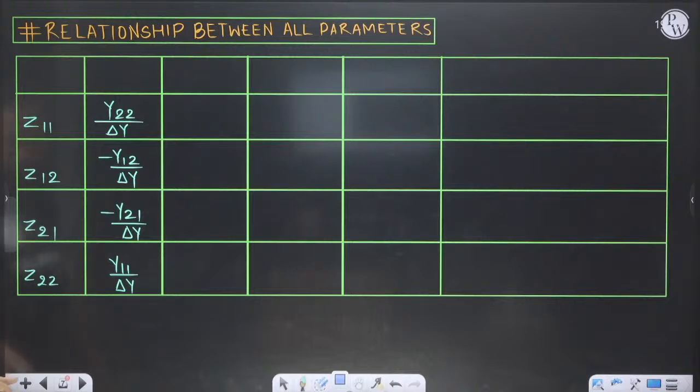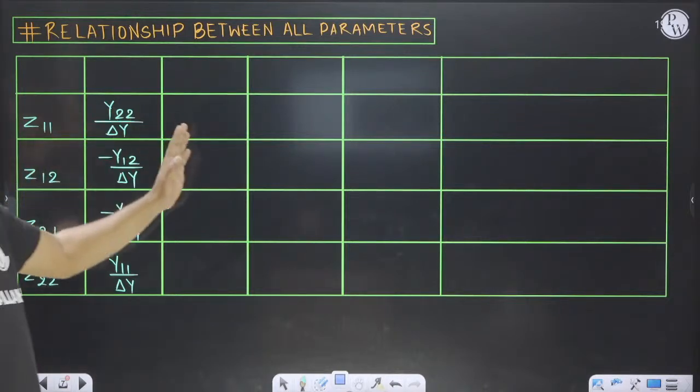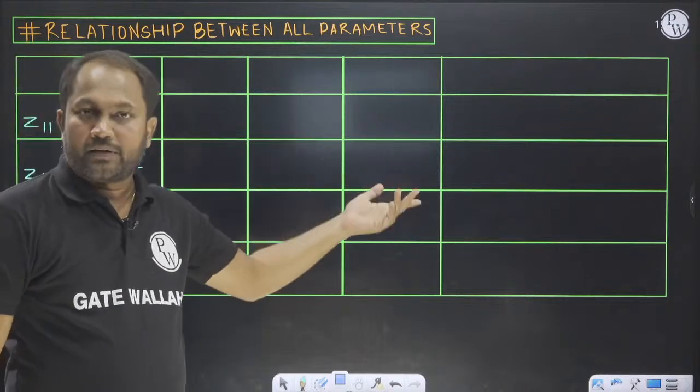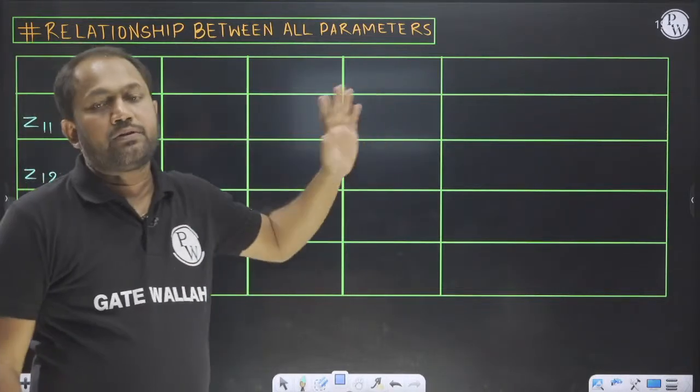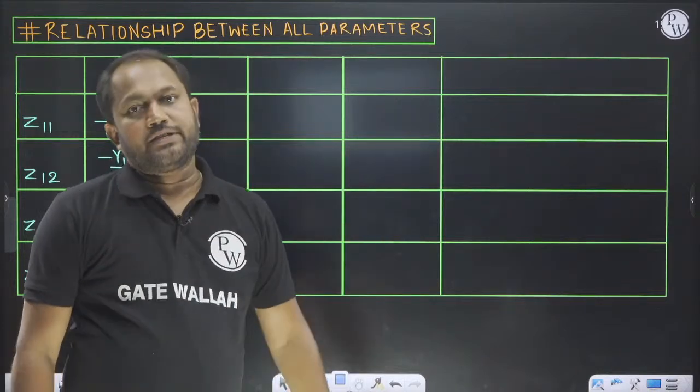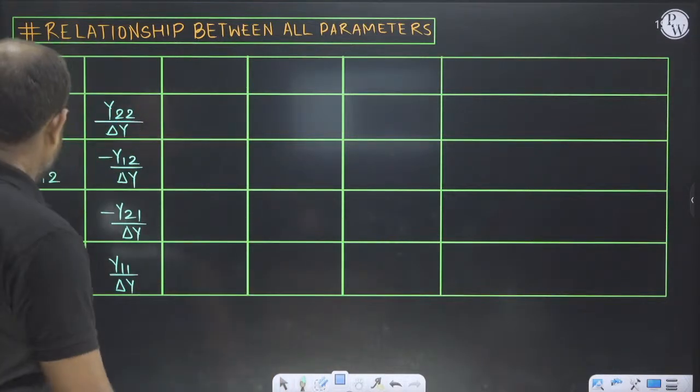So I am going to calculate Z parameter in terms of H parameter, then G parameter, then ABCD parameter. First of all, I will derive Z parameter in terms of H parameter.